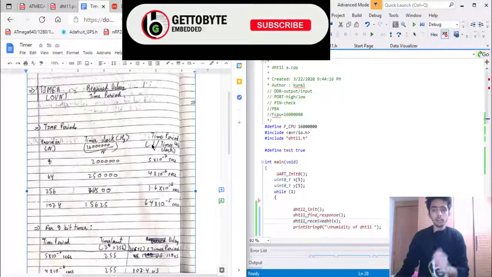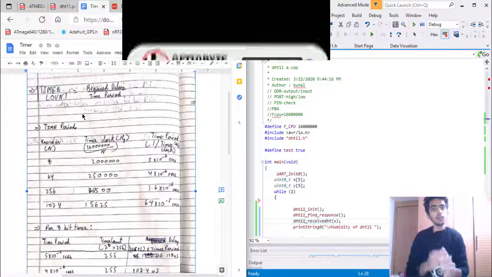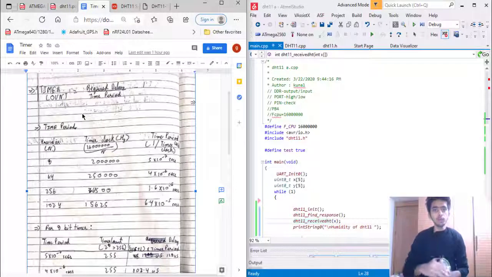In the normal mode, a timer increments from 0 to a value up to the bit field of the timer, and it generates the required delay. For that, in the normal mode, the formula is timer count equals required delay upon time period minus 1. Now what is the time period?